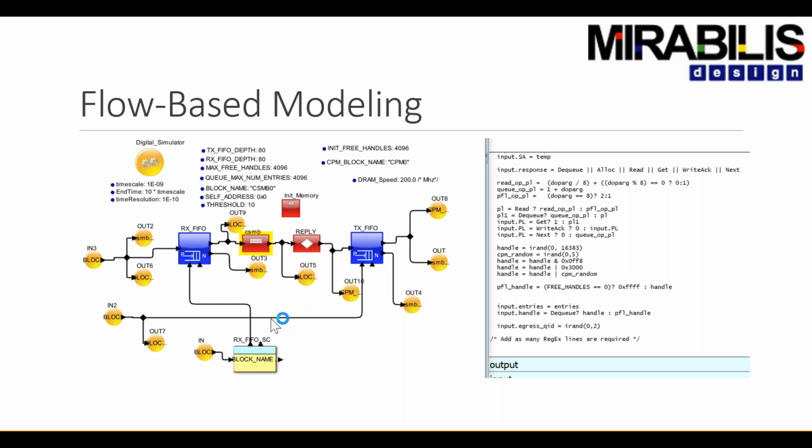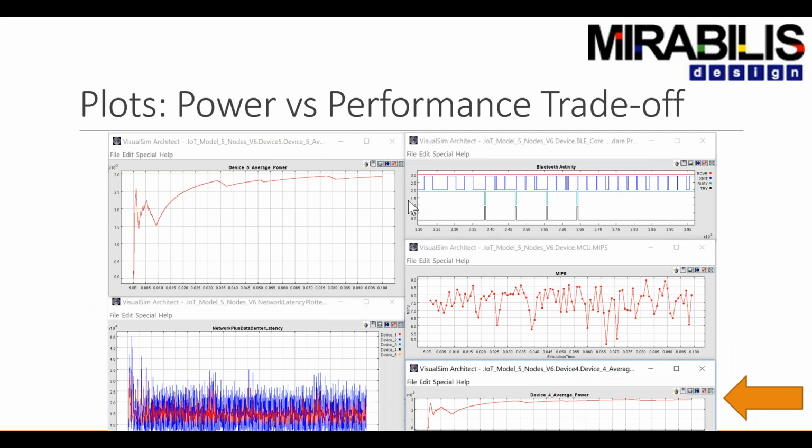So you can see there's the receiver FIFO scheduler that pops it out. So this one here is more at the signal level, not at the packet or the application level. So I can evaluate the response time, for example, looking at the power or the network latency or the MIPS, before I make a decision on my specification.